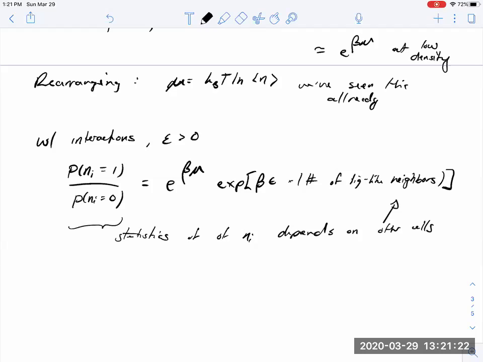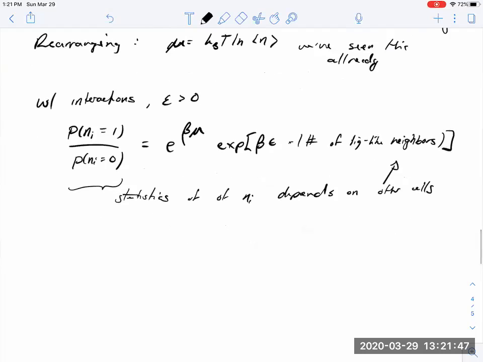In order to understand how likely a given cell is to be filled or empty, I need to know, well, whether or not the other cells are filled or empty. And to know whether or not the other cells are filled or empty, I need to know what their neighbors are doing. And so in general, this is very hard to solve. There do exist solutions in specific cases, but we're going to just allude to how one might tackle this.